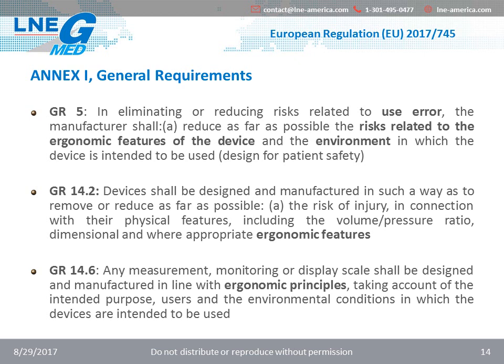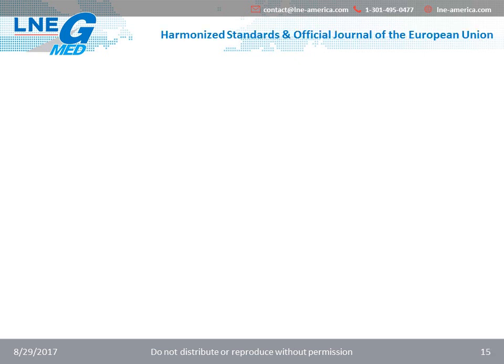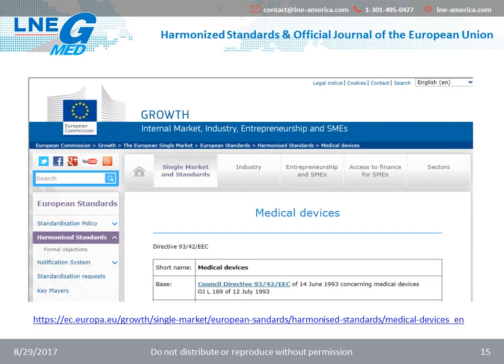So basically here we can find the same requirement regarding usability as we have seen in medical device directives. In order to show the conformity with the regulations, manufacturers can choose to comply with the Harmonized Standards. The reference of Harmonized Standard must be published in the official journal of the European Union.